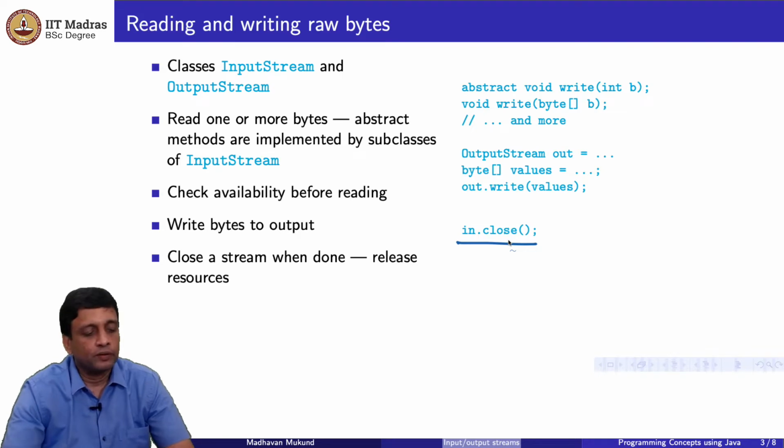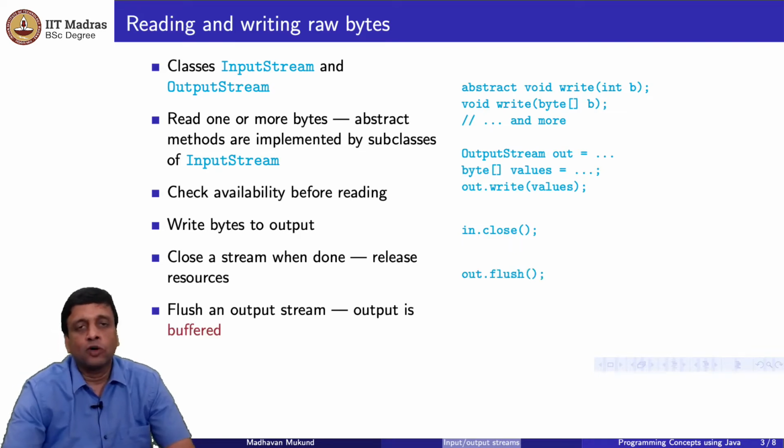The other thing that happens normally with output in particular is that the output is not written as soon as you write it, it doesn't go to the target. So typically it goes in batches. So you can imagine that it's like, for example, a delivery truck, right? So if you want to deliver stuff, what will happen is that you will first load up the truck, and when the truck is full, it will go.